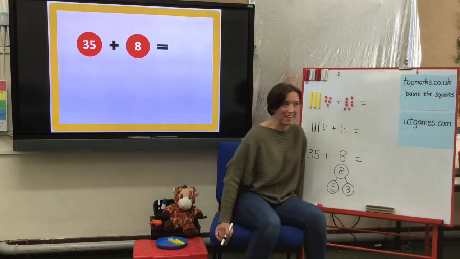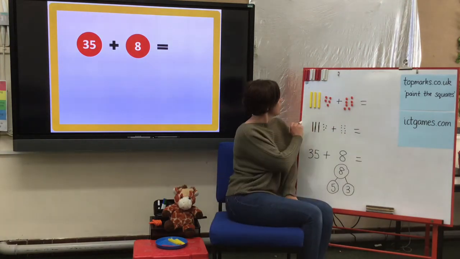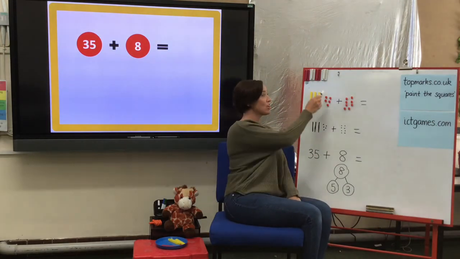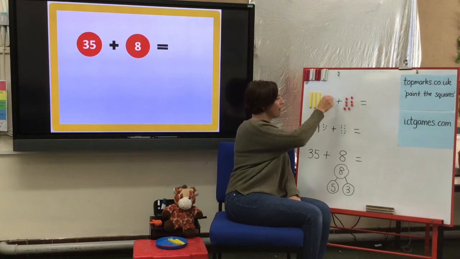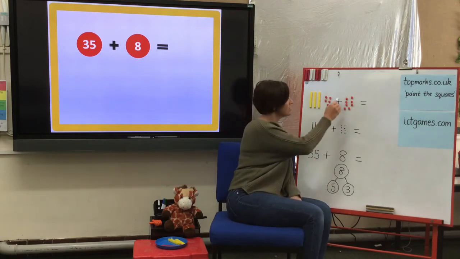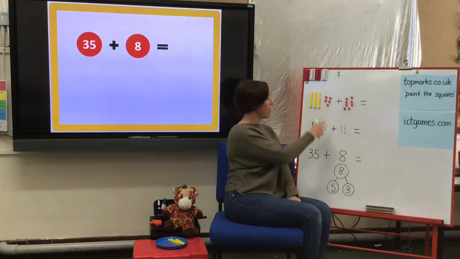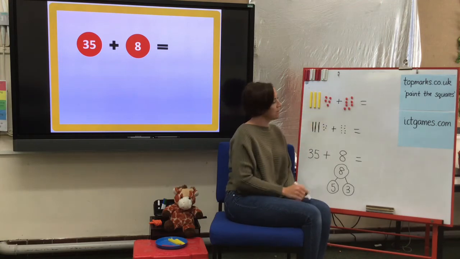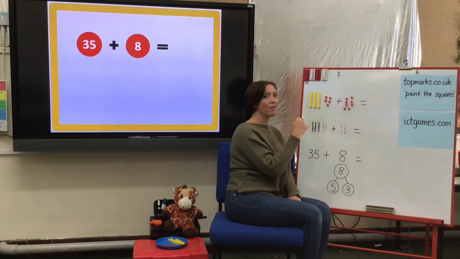Okay, how did we get on? Let's have a look. Now, 35. In 35, we know that we have got 3 tens and 5 ones. And in 8, we have 8 ones. So I've used the Dean's rods, or the base 10s, to make those two numbers. And now I can quite easily count them all together.